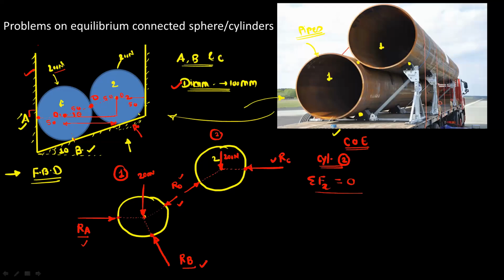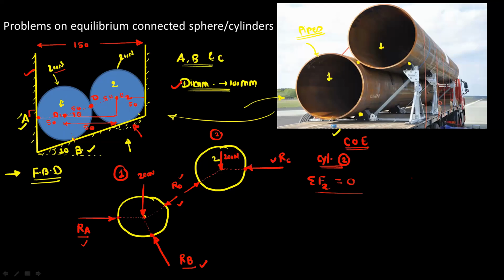In the problem, the distance between the two vertical walls is given as 150 mm. So from 150 mm, we can subtract this 50 and this 50 to get the remaining value. So 150 minus 50 minus 50 is equal to 50.